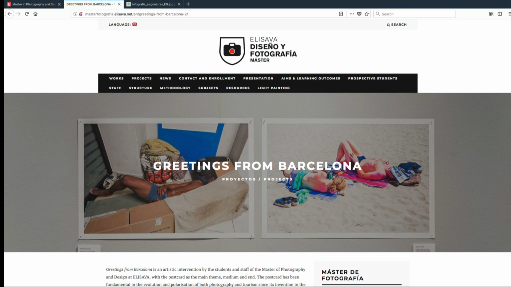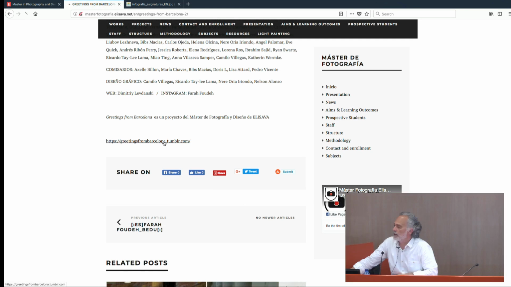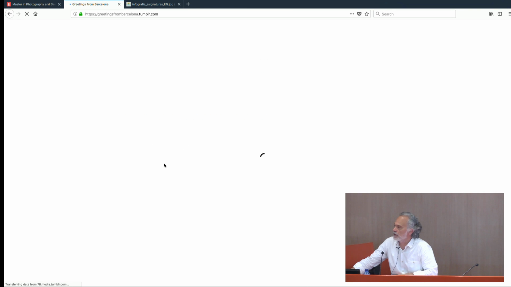and through postcards. So what we did basically was to make images for postcards, because we printed these images as postcards, images that you would never find in a postcard, anti-postcards. So we even had a website to find all the images that the students did. As I said, we did print these postcards.